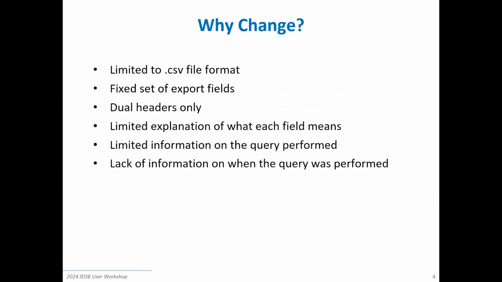We only had a fixed set of export fields, which people were constantly asking for either additional fields or less fields or different fields for whatever their use cases were they had for the data to use in their own analysis of it.